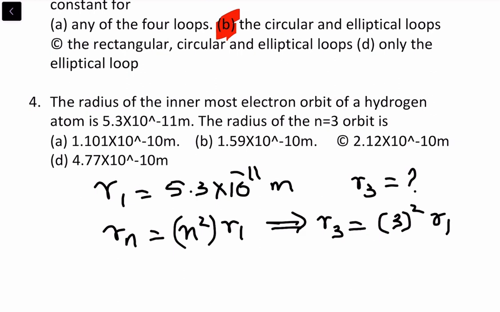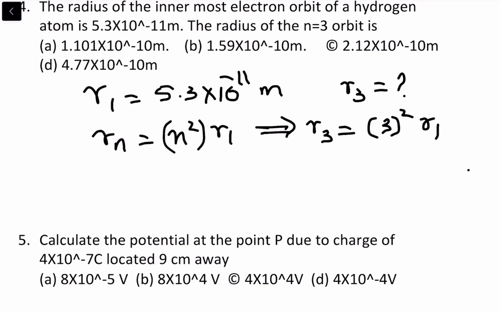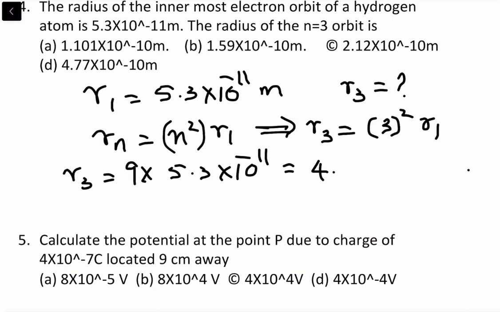So we get R3 is equal to 9 into 5.3 into 10 to the power of minus 11. Once you multiply, you will get 4.77 into 10 to the power of minus 10 meters. So the correct option is D, 4.77 into 10 to the power of minus 10 meters. Okay, and the next question.